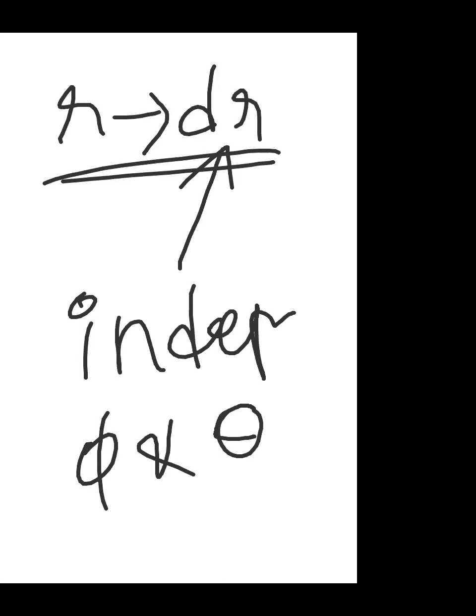I'll delete this. First I will draw one sphere like this. Now I'm going to draw another sphere. Already I have one sphere, and now I'm going to increase my radius by a little bit.